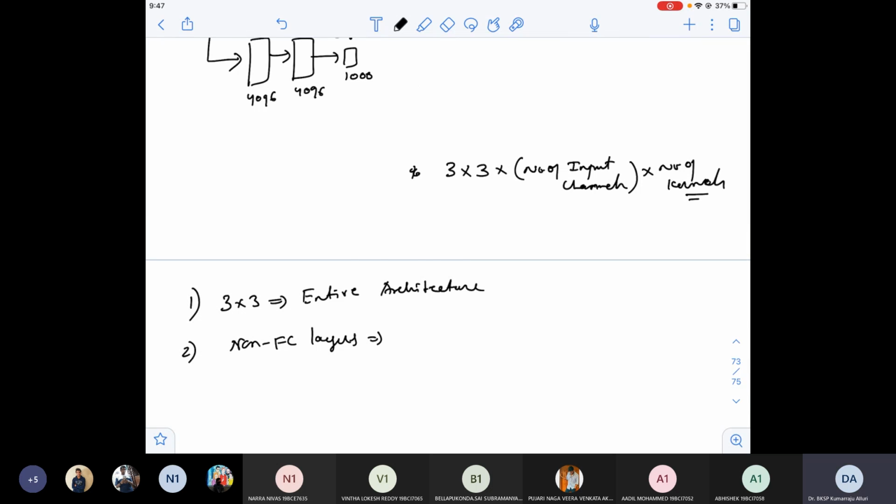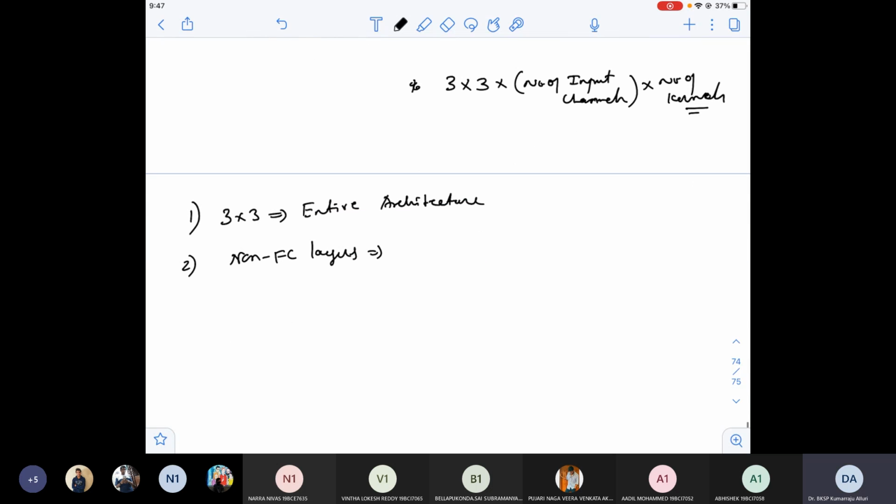If you do it for the above architecture, you'll get approximately 15.8, close to 16 million parameters. This is for the non-fully connected layers.